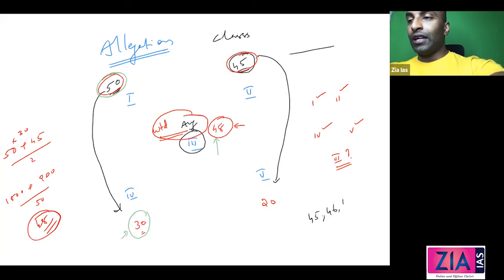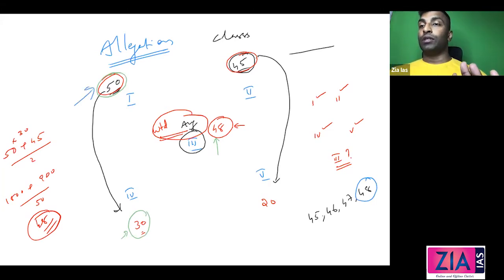Even without doing the calculation, you should be in a position to pick 48, right? Because it has to be close to this side, because they are more in number. You look here, this is 20, this is 30, so it has to be close to boys because they are more in number.